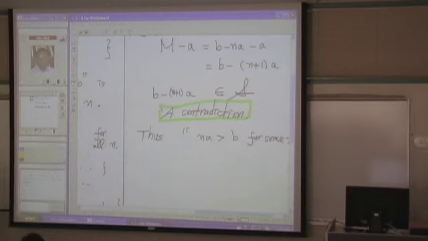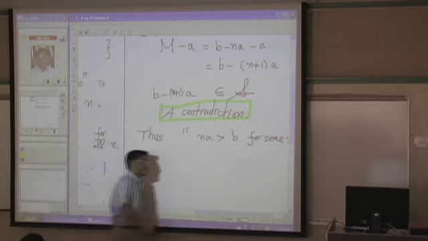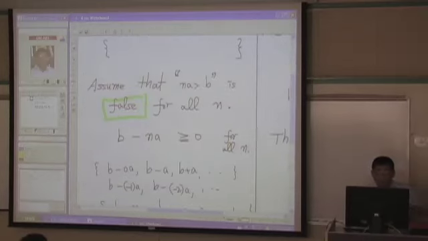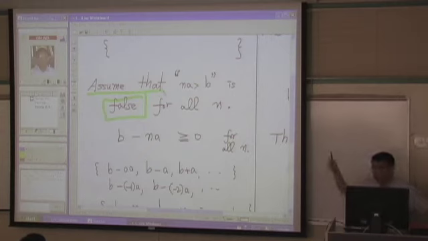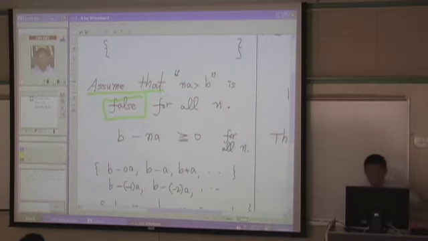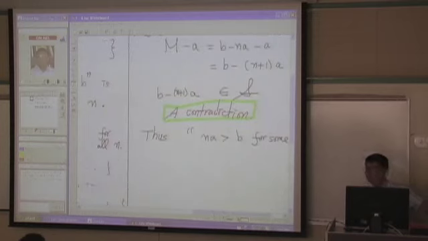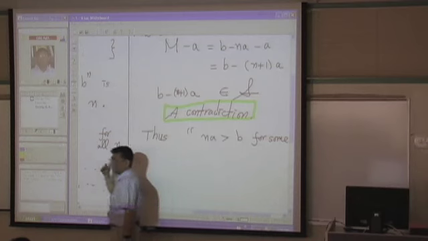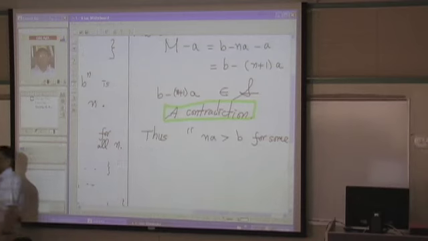So you should say the result is false. In what pattern? You say, assume that the result is false, right? Assume that the result is false. Then you arrive at a contradiction. Thus, we cannot say the result is false. In other words, you proved it.